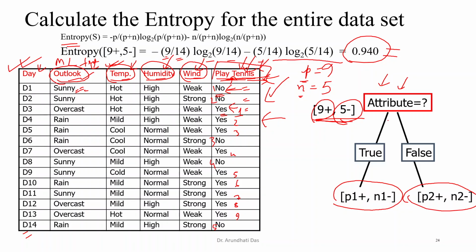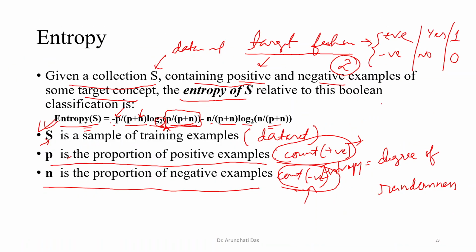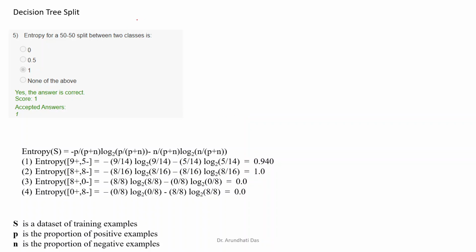Now, if we go back to our question, it is asking for the entropy for a 50-50 split between two classes. We have to understand the question first.